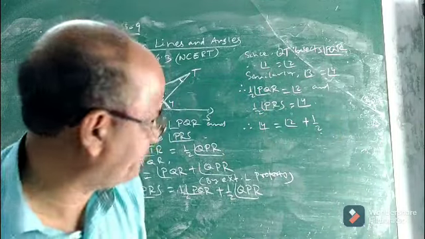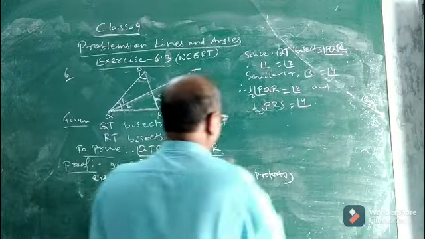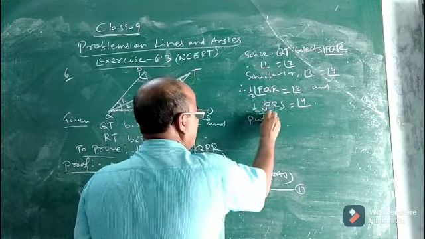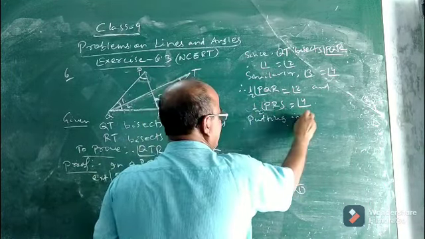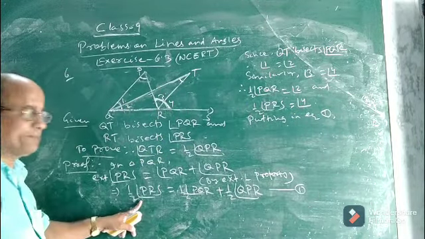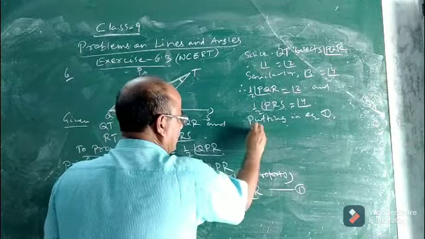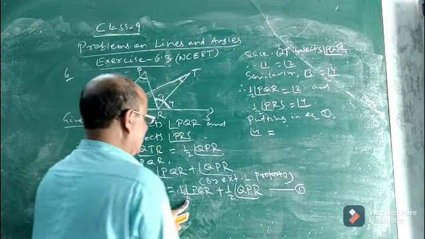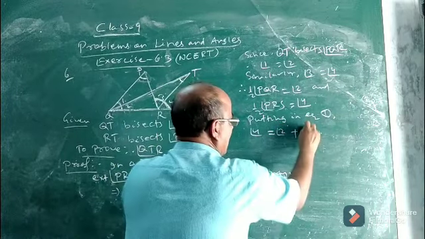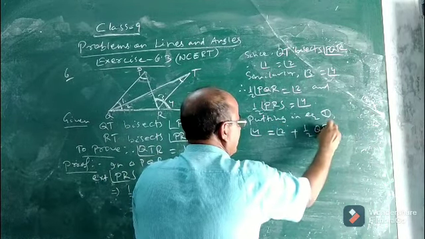Suppose this is equation 1. Putting in equation 1, what will we get? In place of half PRS, I will write 4 equal to, in place of half PQR, I will write angle 2 plus half QPR.